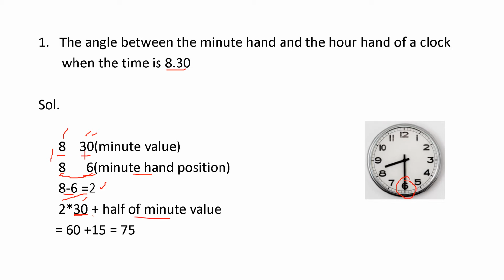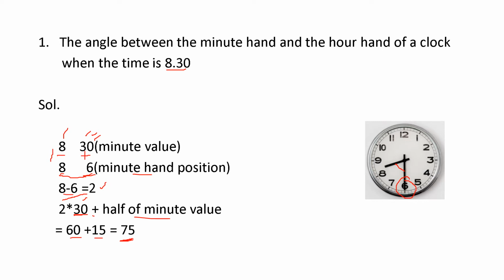Here the minute value is 30, so half of the minute value is 15. 2 into 30 is 60. 60 plus 15 is 75. So 75 is the angle between the minute hand and the hour hand of a clock when the time is 8:30.